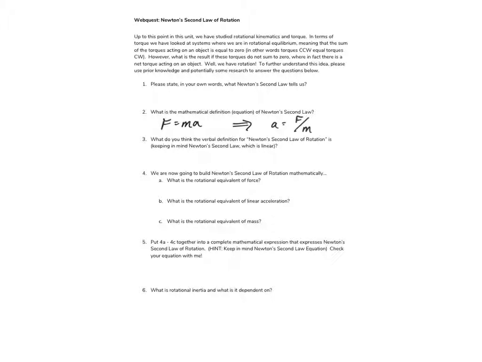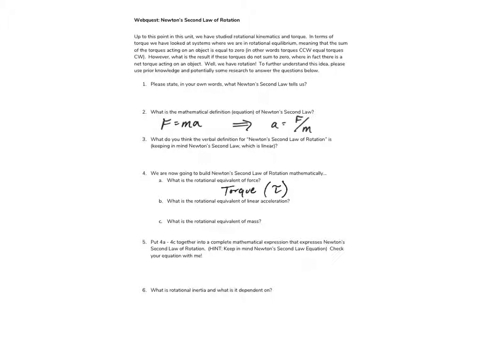Now, moving on to question 4. The purpose of this question was once again to say, okay, we have these linear motion variables, but we always have rotational equivalents. So I think the first couple on here were relatively easy. Rotational equivalent of force is torque, and we abbreviate that with that Greek letter tau.